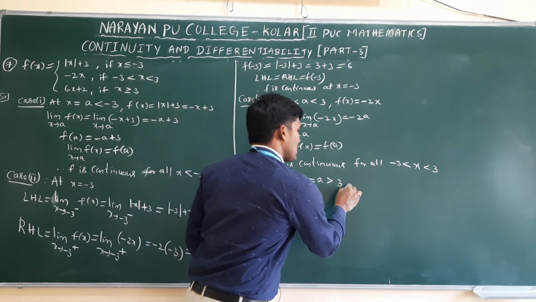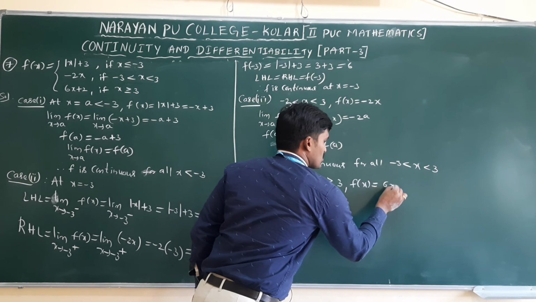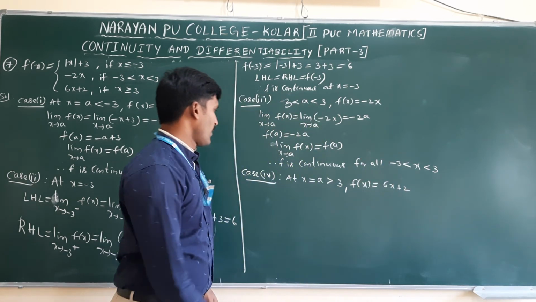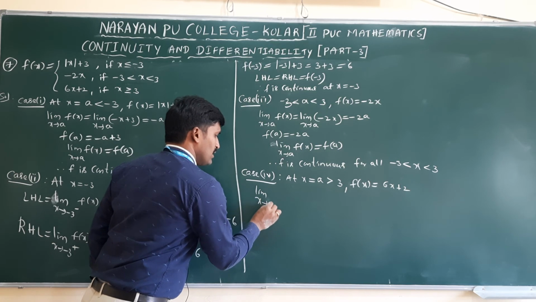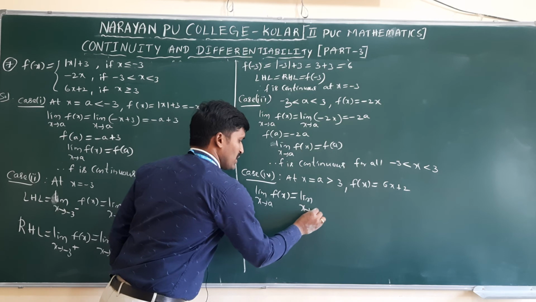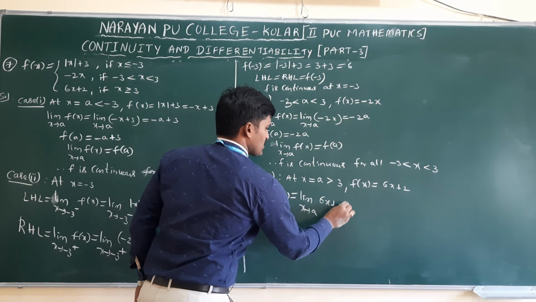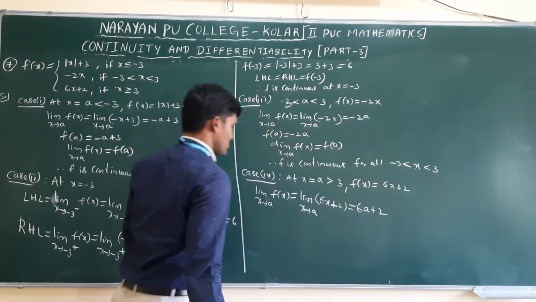Case 4, first I will take x equal to a, that is greater than 3. Greater than 3 means more than 3. What is the function? Single function, that is 6x plus 2. Now, a single function means use the first definition. Limit x tends to a, f of x is equal to limit x tends to a of 6x plus 2. Substitute the x value, that is 6a plus 2.